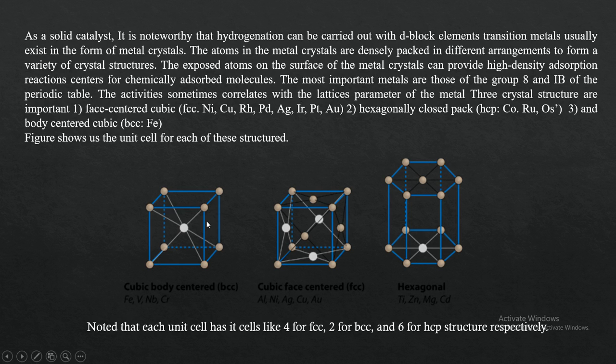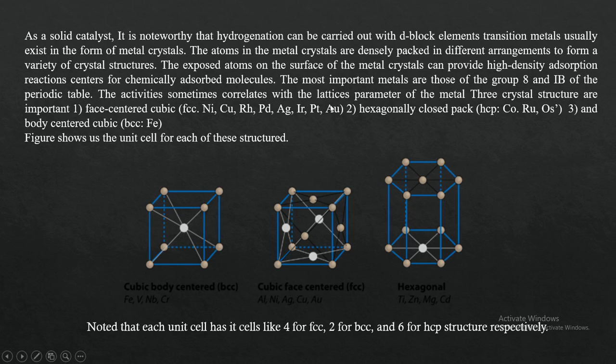In the body-centered cubic, there are 8 atoms arranged in this crystal, with the central atom here. This is a cubic structure, and it has a coordination number of 6.